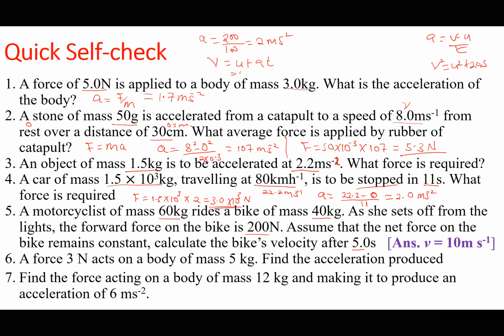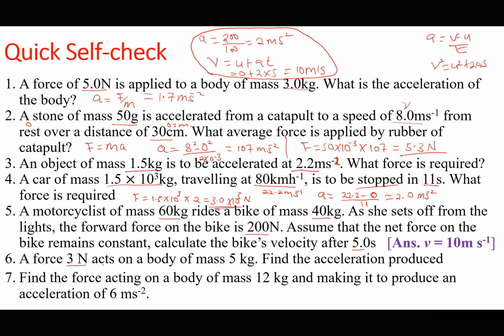So this is going to be 0 plus acceleration, which is 2, times time, which is 5. This gives us v as 10 meters per second. That would be the velocity after 5 seconds.